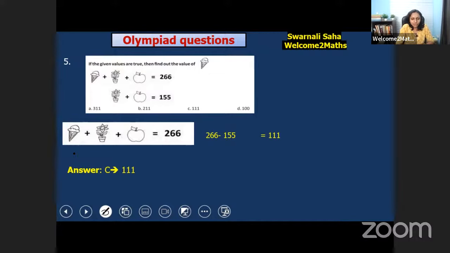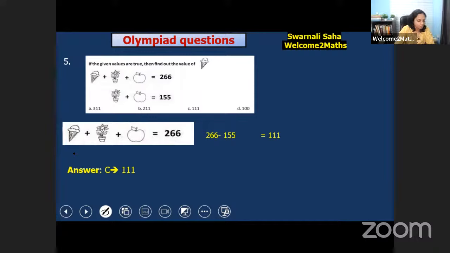We just have to put the value and subtract. It's so easy. So let's move on.